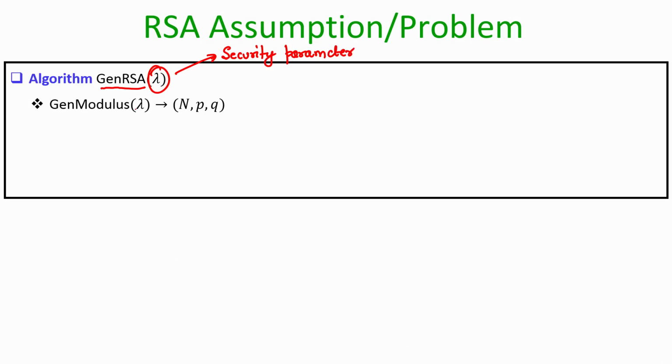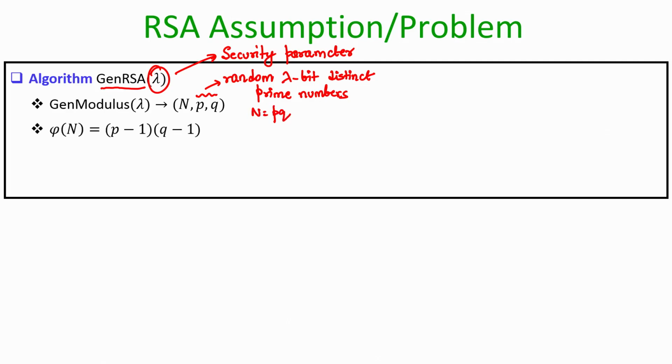This algorithm Gen RSA outputs some parameters. How are the parameters generated here? We first generate the modulus, and to generate the modulus we pick two random lambda-bit distinct prime numbers p and q, and n is set to be the product of p and q.